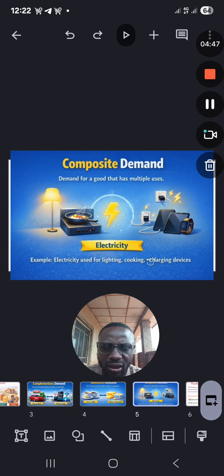And there are so many examples of this composite demand, which we as consumers have always practiced. An example of composite demand is electricity, which can be used for lighting, cooking, charging of devices, ironing, and so on and so forth, right? Electricity can be used for so many things.